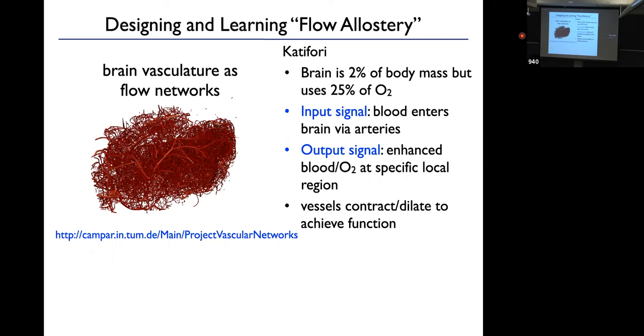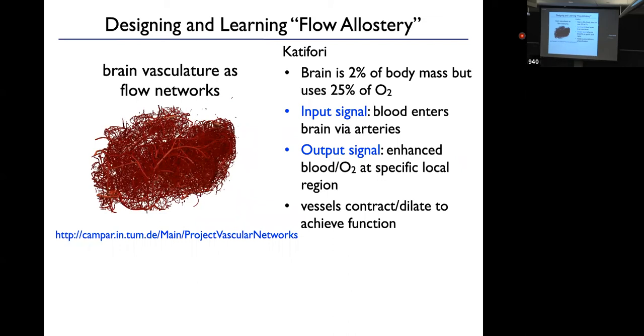And so what the brain is doing, the vascular system, is dilating some vessels in this network of blood vessels, and it's contracting others. So it's changing their conductances in real time to direct more flow to my speech cortex. And so that is the output.